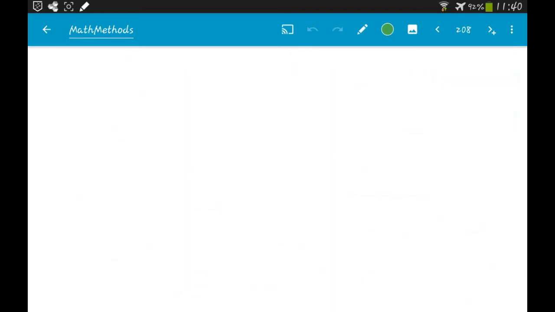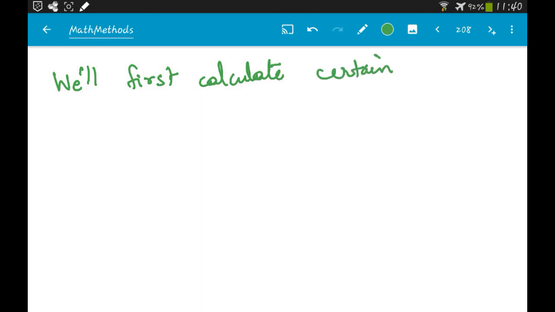Now before we go into that, we'll first calculate certain averages. Why we do that will become clear once we try to calculate the coefficients, but first let's calculate certain averages and then we will go back to calculating the coefficients.